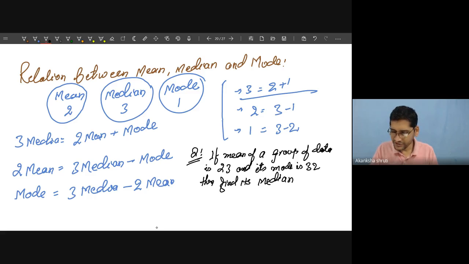Okay, so this way the question is asked. Here the data is not required, so it's very simple. We have to find the median.